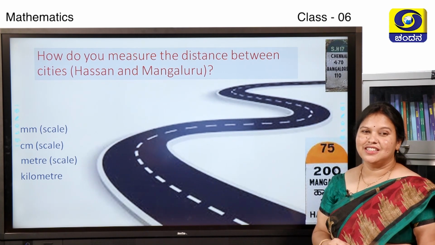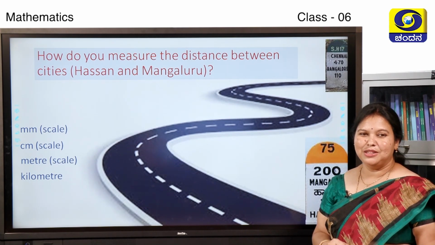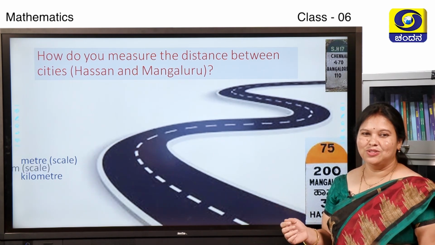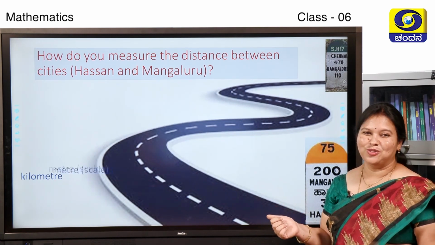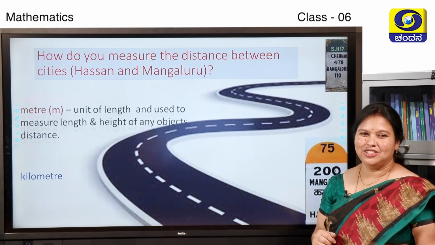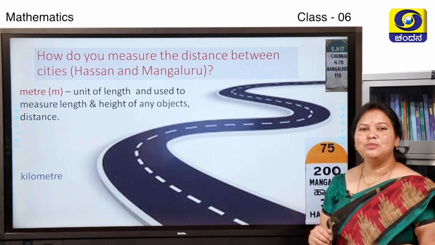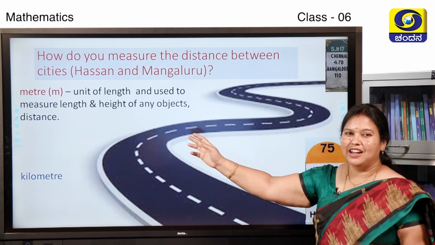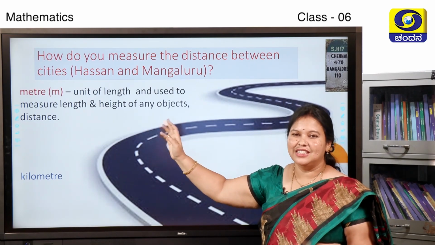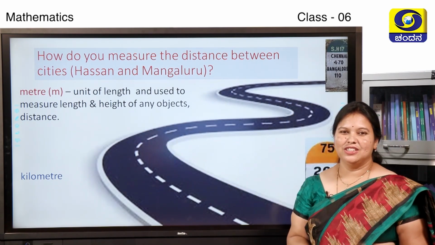Which is the correct answer? Are you using millimeter? No. Centimeter? No. Meter? No. Obviously, you will choose kilometer. Very good children. So, meter is the unit of length and we use it to measure the length and height of any object or distance. Let us move on to the next.